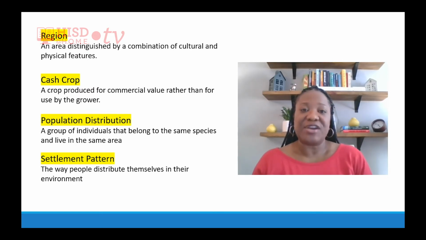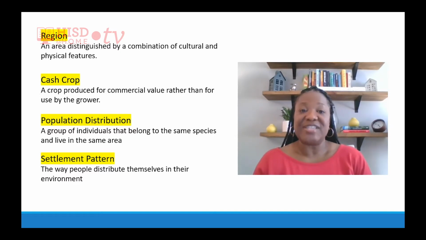Even here in the state of Texas, we have divided our state into different regions to point out the physical features and the different cultures that apply to that area. For example, here in Texas, we have regions that are defined by, say, the Gulf coastal plains or the hill country. We divide those into specific areas because they have things in common.